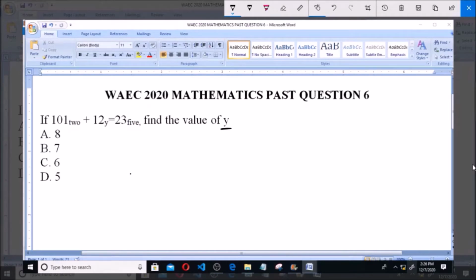So for the first one, to convert to base 10, simply number from the right to the left, starting from 0, 1, 2, and 0, 1 for the others.